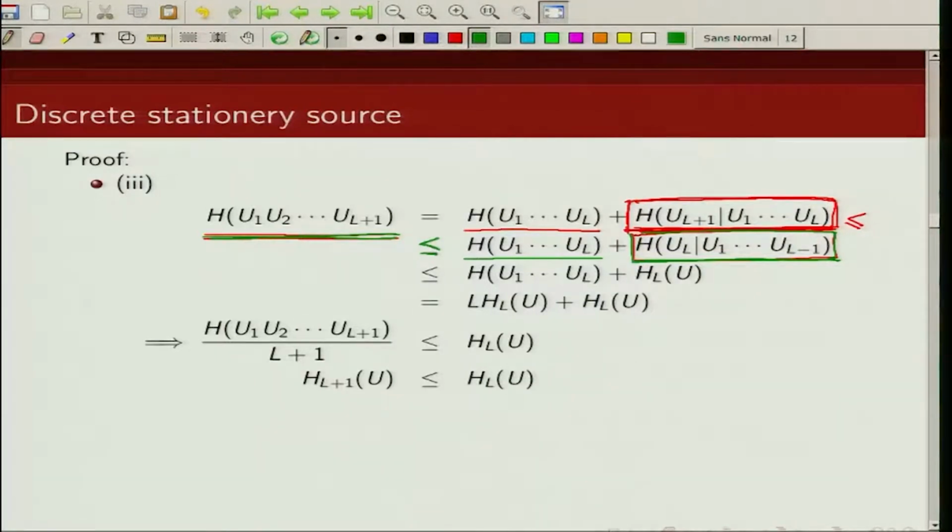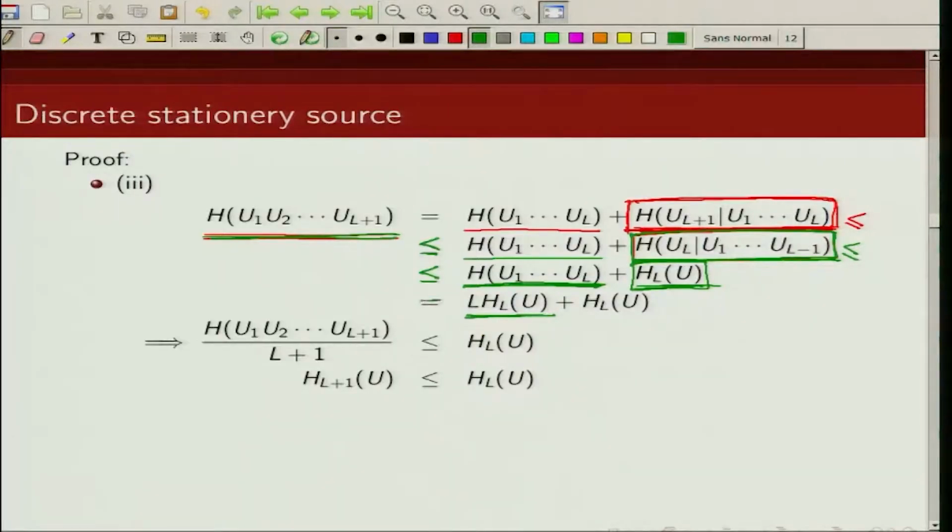Now I know from property 1 that this particular term is less than or equal to uncertainty per letter, which is HL of U. So then I again can upper bound this by uncertainty in U1, U2, UL plus uncertainty per letter. Now what is this term? This term can be written as L times uncertainty per letter.